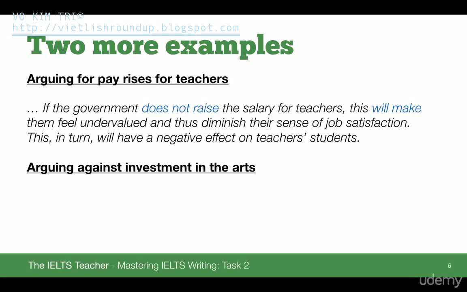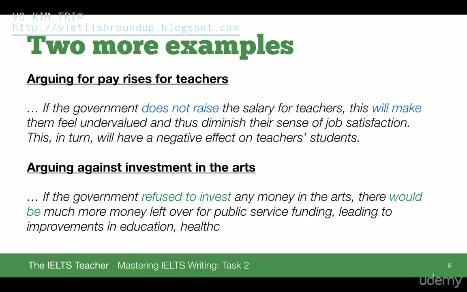And so the alternative situation is where we look at the positive result of not investing in the arts. And you can see this here. If the government refused to invest any money in the arts, there would be much more money left over for public service funding, leading to improvements in education, healthcare, and welfare.